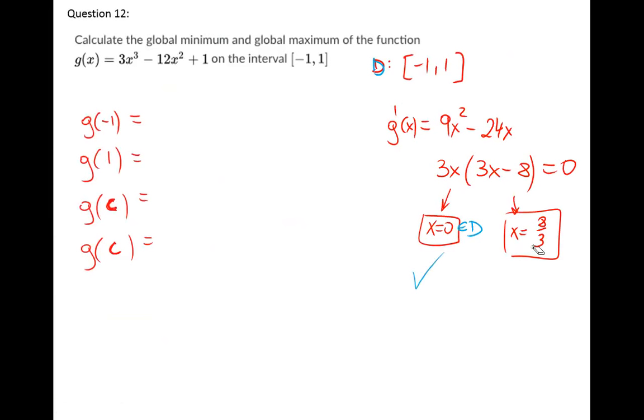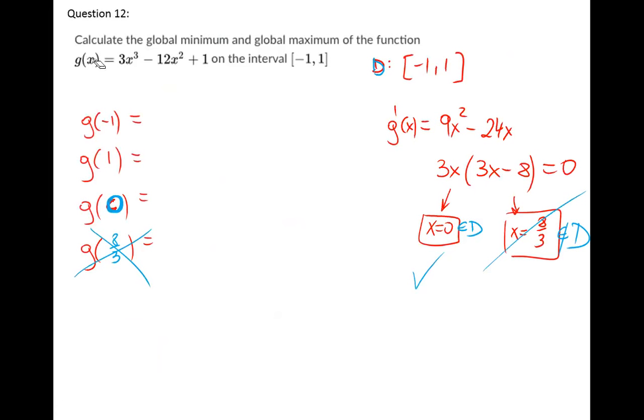But 8 over 3 is greater than 1. That means I don't have to take this, because that's the common mistake. We know this is the critical point, but it's not a critical point when I have a limited interval. That means the only number that I will test is 0. I don't have to test this one because it's outside my interval.